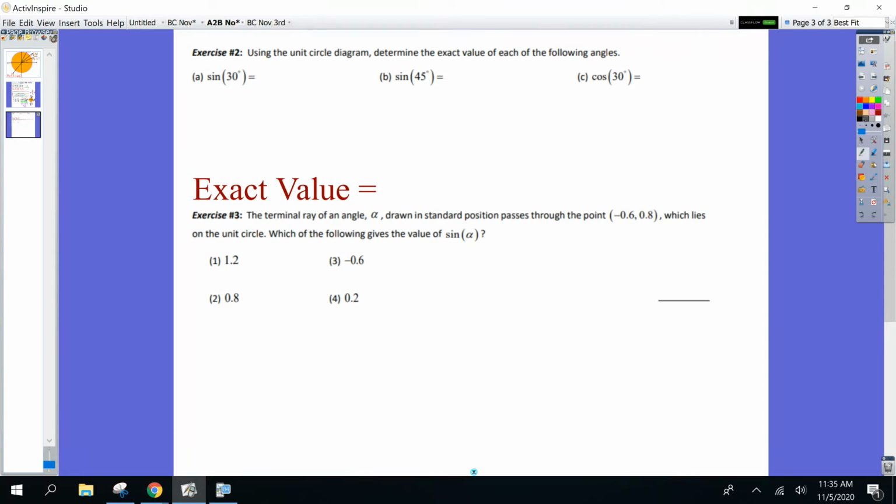First thing, this is the first time this year we've seen this term in the directions, exact value. Can you please jot down what exact value means? Here's what I'm expecting: the answer should be a fraction or radical.